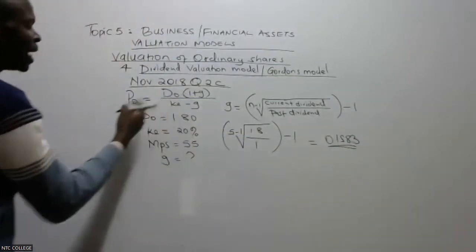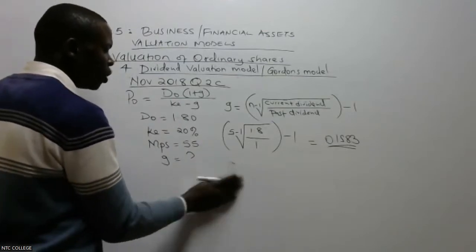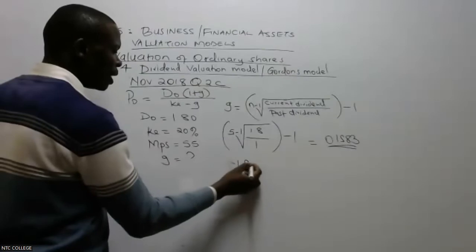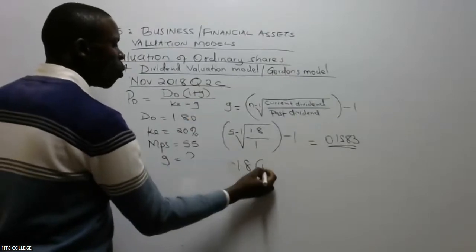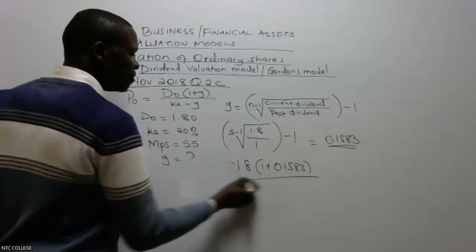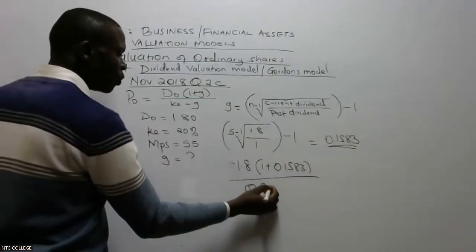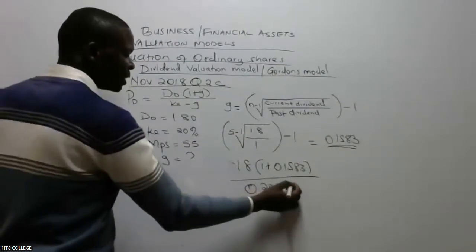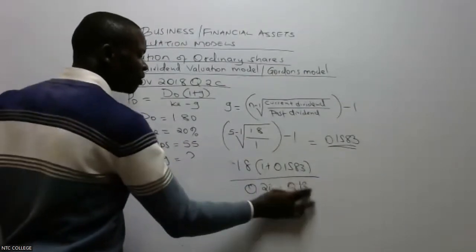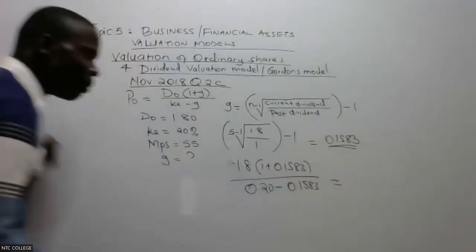So we can now determine our intrinsic value by saying D0 of 1.8 into bracket 1 plus 0.1583 divided by Ke of 20%, 0.20, minus 0.1583. Tunapata ngapi hapo?